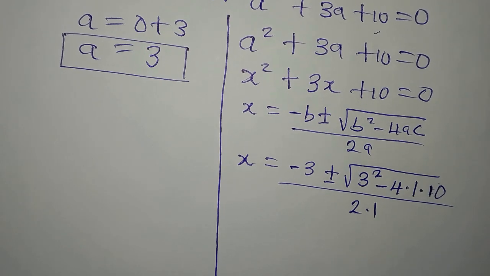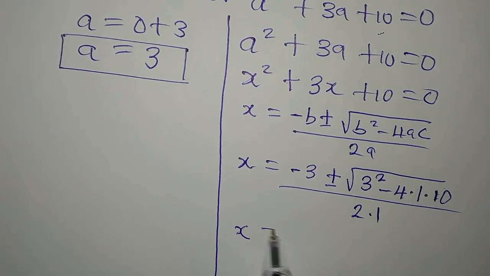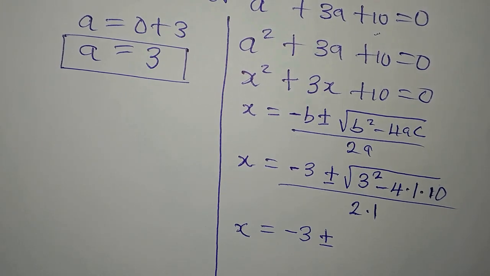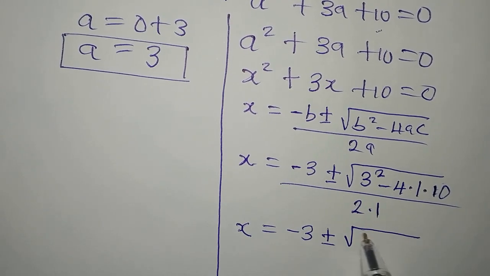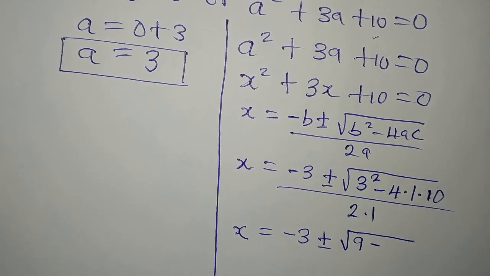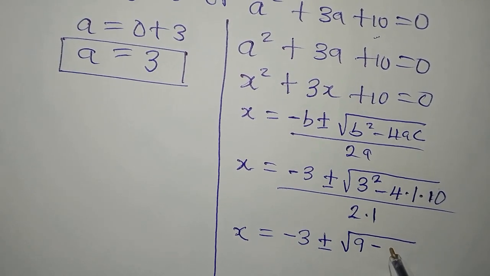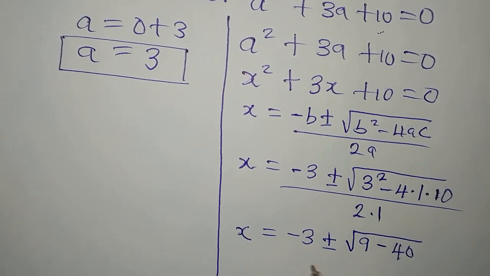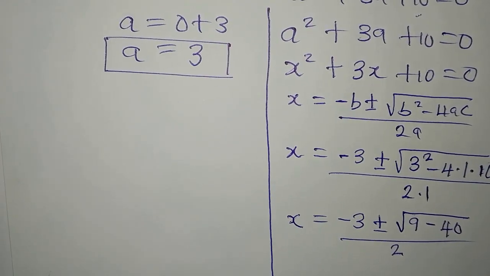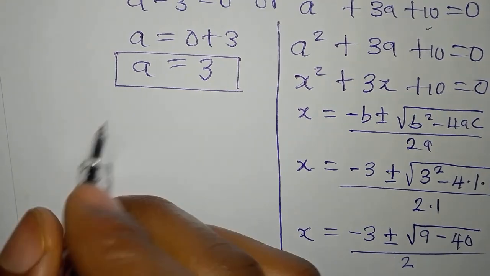Then we divide this by 2 times 1, which is 2. To continue with this, we have x equal to minus 3 plus or minus square root of 3 squared is 9 minus 4 times 1 is 4 times 10, that will be 40. Then we divide this by 2.